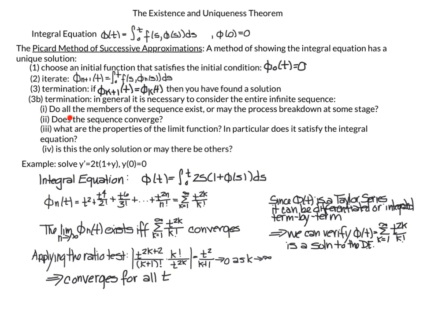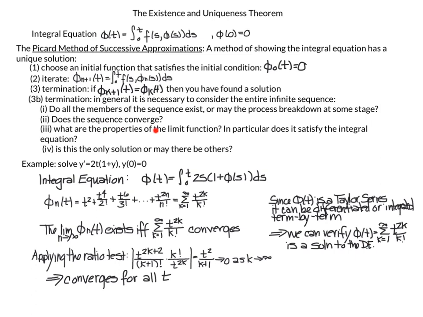So we did answer the question here. Does the sequence converge? And the answer is yes. Also, if you recognize this as a Taylor series, and you might have recognized that if you remember your first year calculus, since phi of t is a Taylor series, then it can be differentiated or integrated term by term. And we can verify that phi of t is a solution to the differential equation.